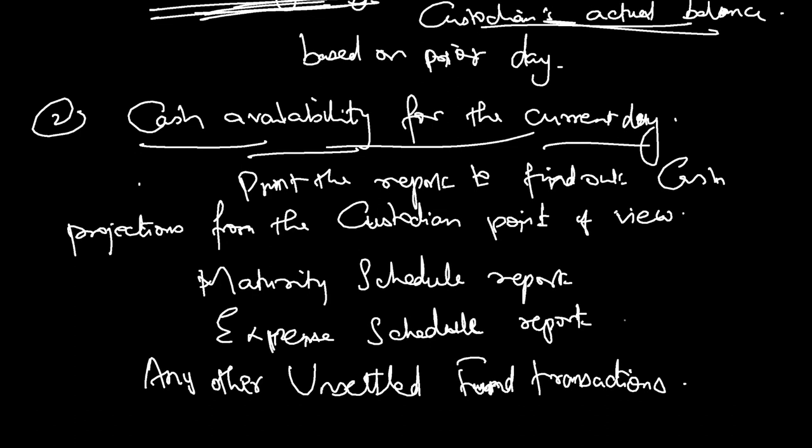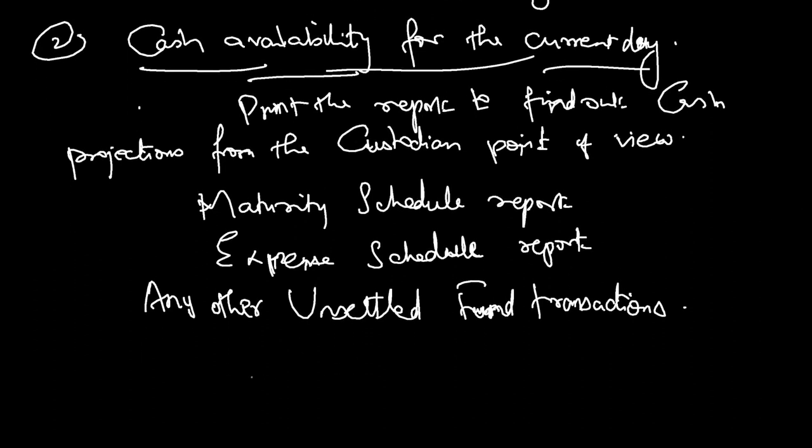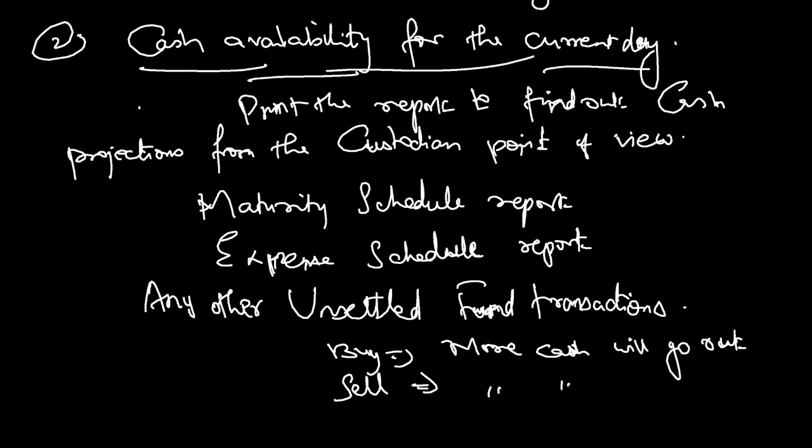If there are unsettled transactions which might get settled, they can affect the cash positively for a sale, that is, more cash will come in, or negatively for a buy, that is, more cash will go out.